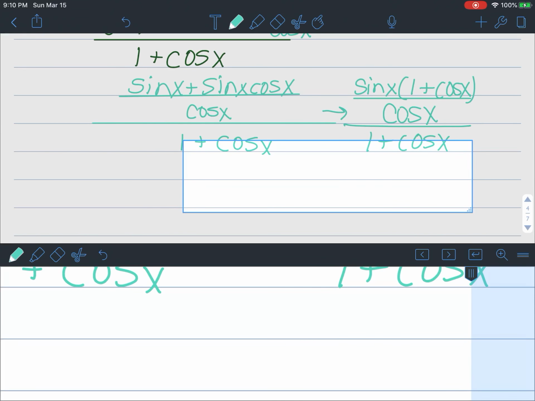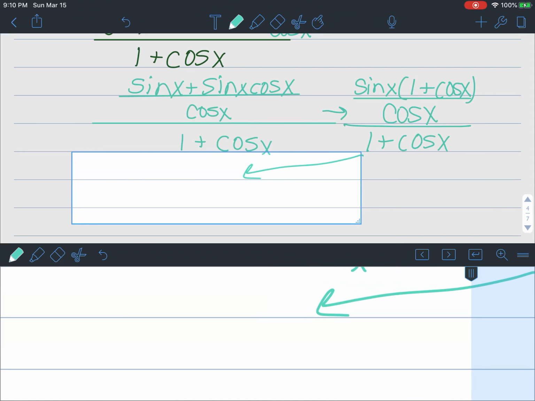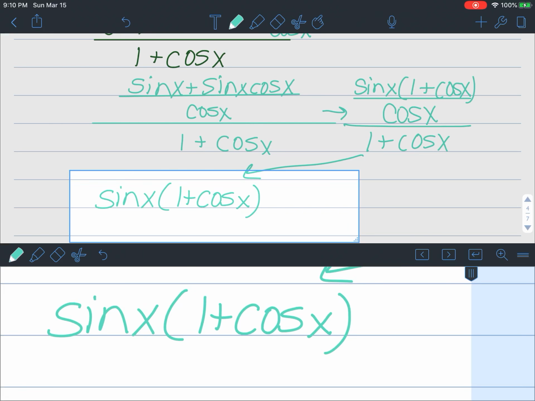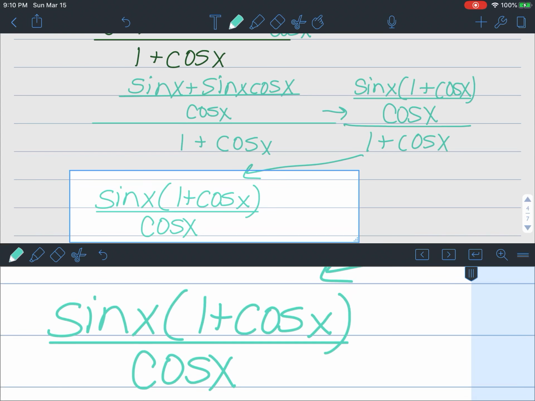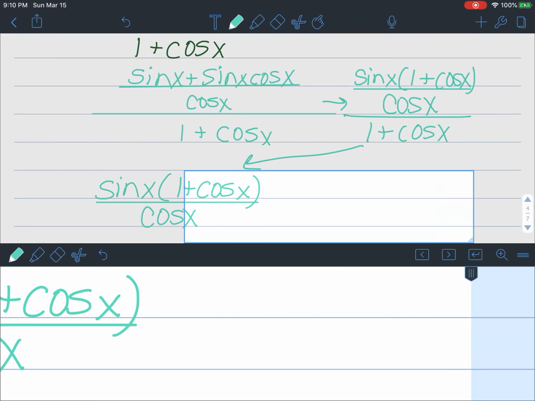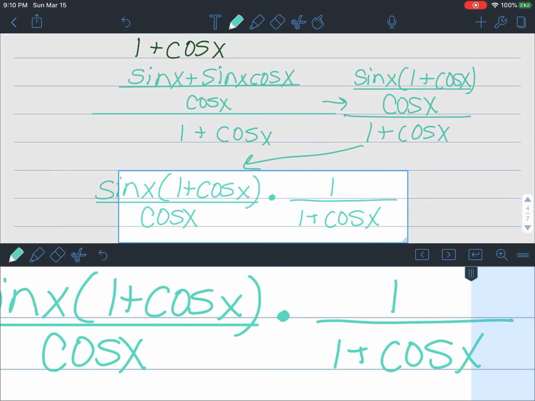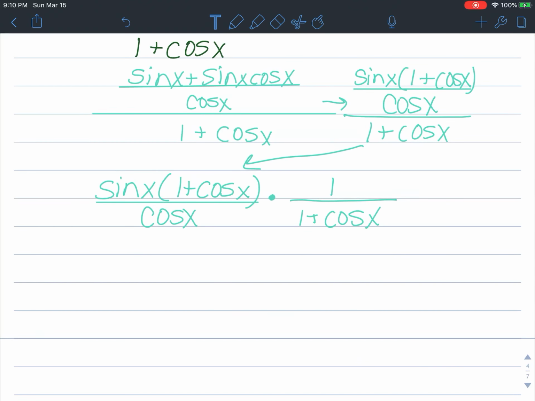Now this is a complex fraction, which are pretty annoying. So I'm going to change this so that I'm multiplying by the reciprocal. So I'm going to keep the top of the numerator the same. But instead of dividing by 1 plus cosine x, I'm going to multiply by 1 over 1 plus cosine x, and I hope you're going to see what happens here.